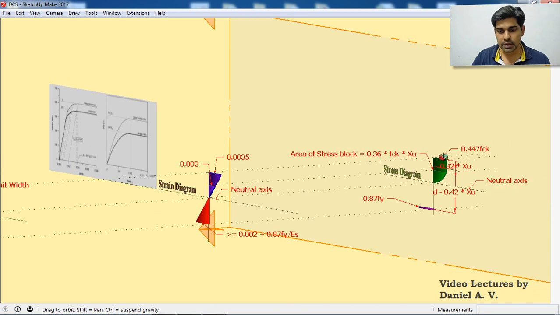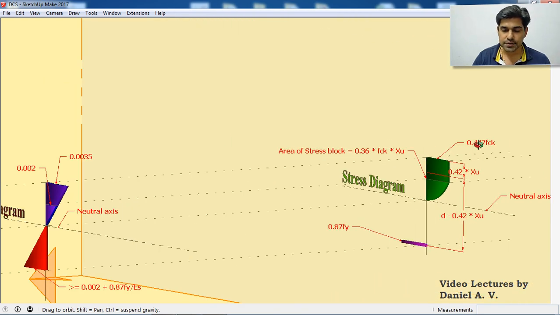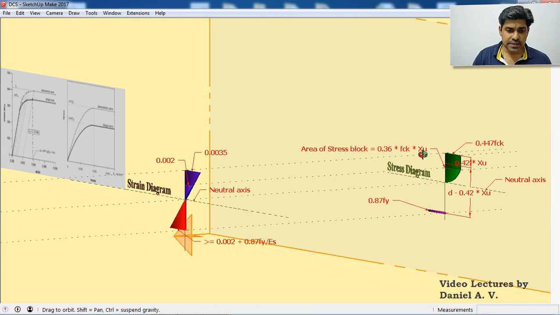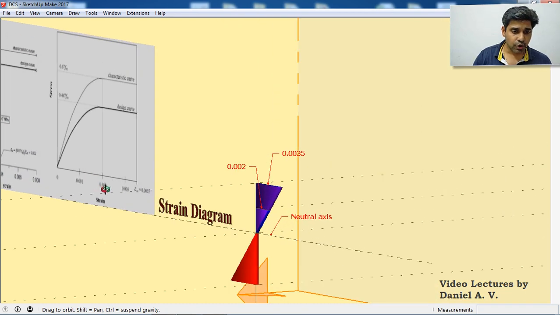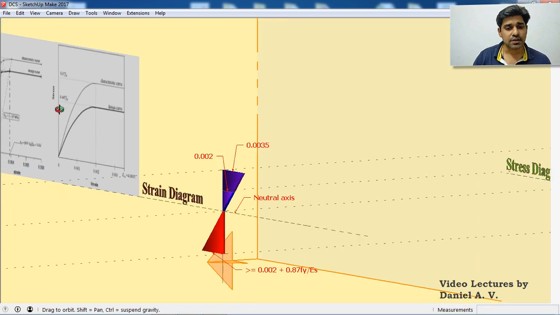So the top fiber, I can give a stress of 0.447 FCK. Similarly, now we can see the strain is decreasing and it reaches a point 0.002 as the strain value. For strain corresponding to 0.002, it is also 0.447 FCK.